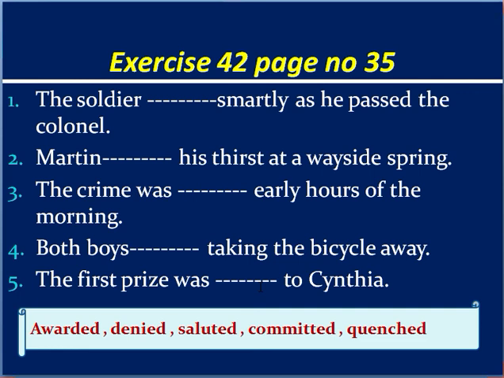Number 4, both boys dashed taking the bicycle away. Number 5, the first prize was dashed to Cynthia. Children, down in the box the words are given: awarded, denied, saluted, committed, and quenched. All these words are in the past form of the verb. So we have to select the correct word in a sentence.